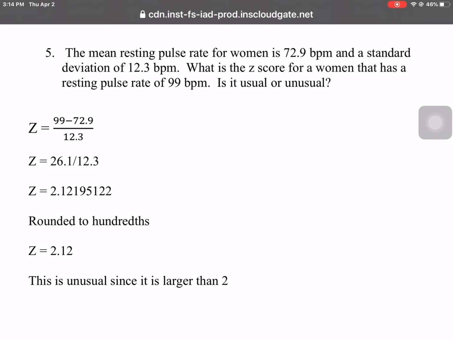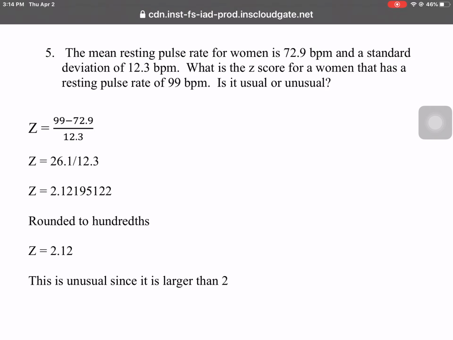Okay, what about the mean resting pulse rate for women? 72.9 beats per minute, standard deviation. What's the z-score for somebody whose resting pulse is 99? Okay, same formula as above.